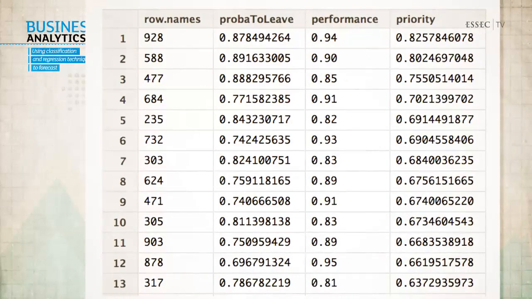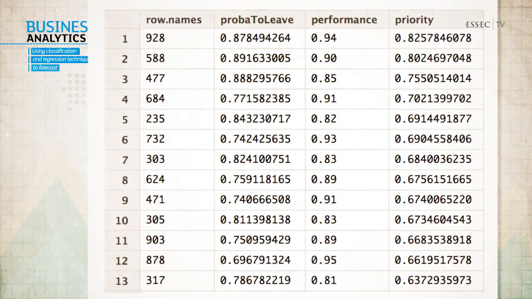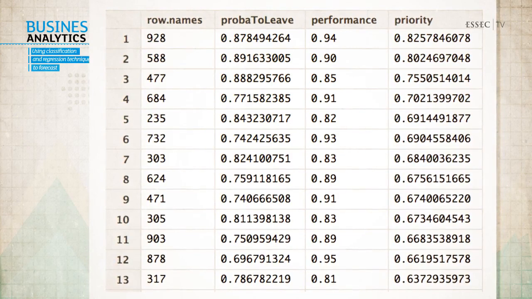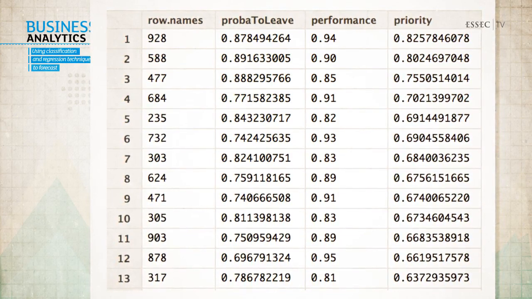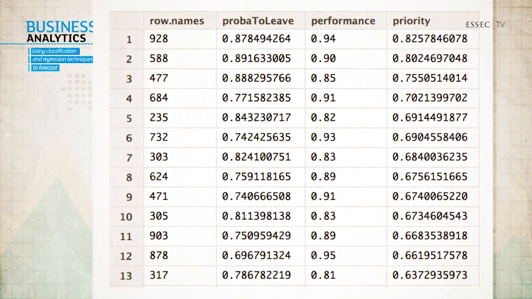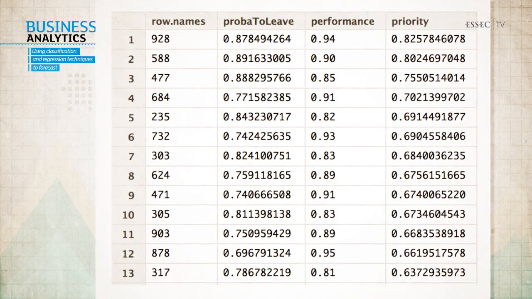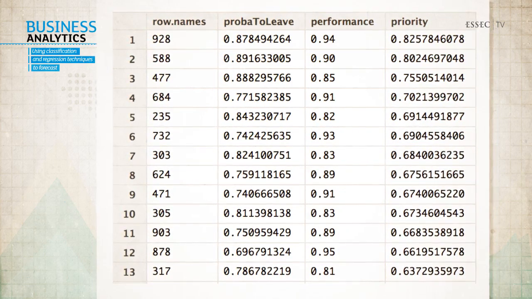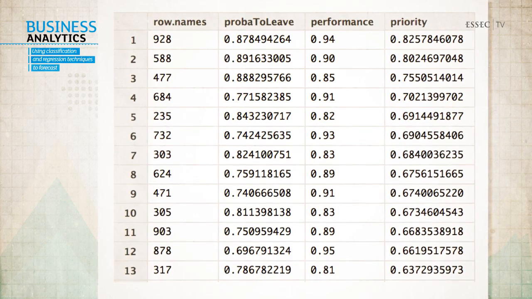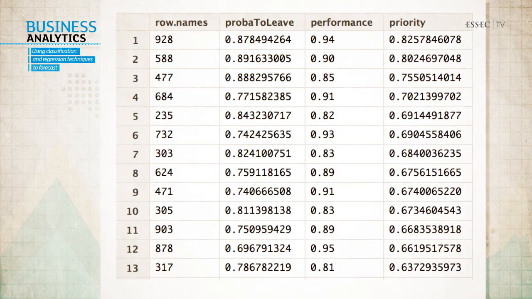The first column reporting the ID of the employee, the second the probability to leave, the third the performance, and finally the product of the latter two, the priority score, which will allow us to prioritize our actions. Now we have a rank of the employees that we want to retain. The score being the combination of who is likely to leave and how much we want to retain them.